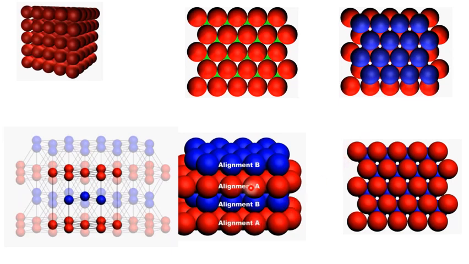Here, in three dimensions, the positions of atoms of the first and third layer are exactly the same. Thus, the alignment of the first and third layer are exactly the same.